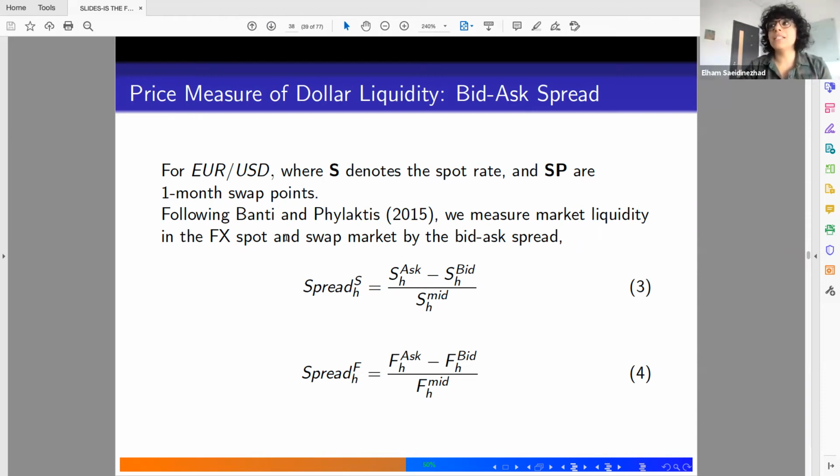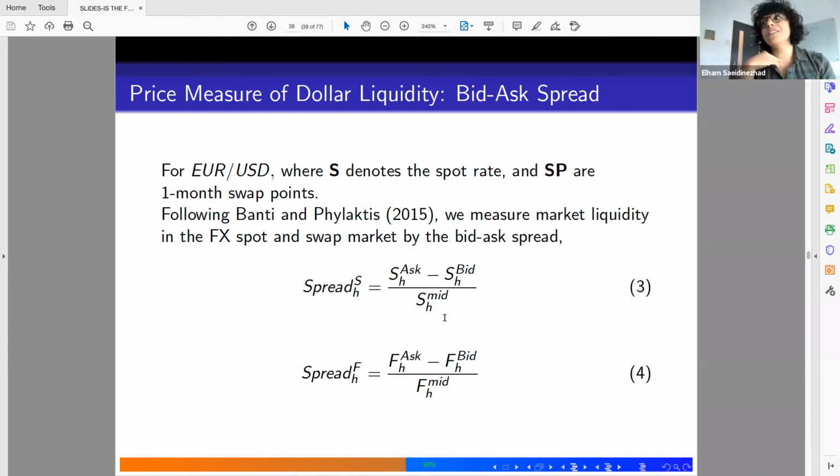This follows Banti and Filatkis in 2009, who created such a measure and split the FX swap market into two different categories. In one category, the major players in the inter-dealer market were dealing banks. In the other category, the major players were prime brokers.